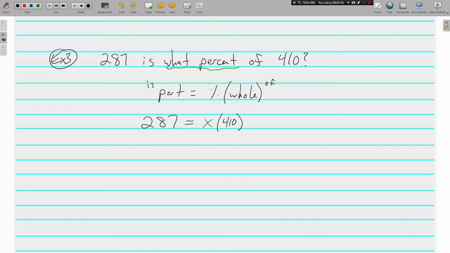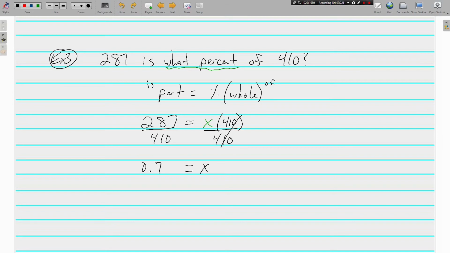Okay, we need to get x by itself to figure out what it is. Right now it's being multiplied by 410, so we're going to divide by 410. And what we do to one side, we must do to the other side. When we divide 287 by 410, we get 0.7.